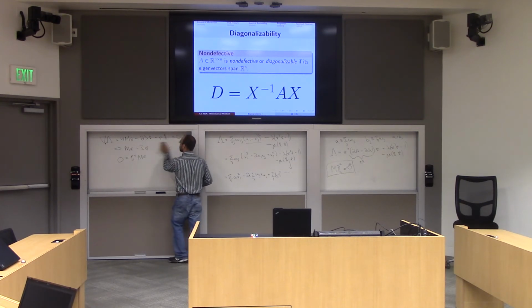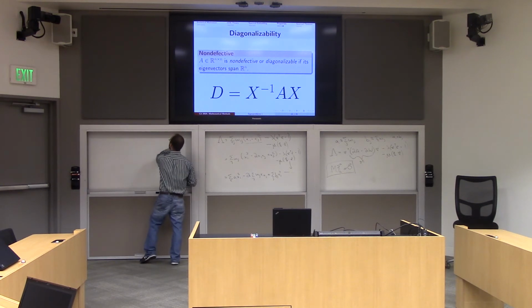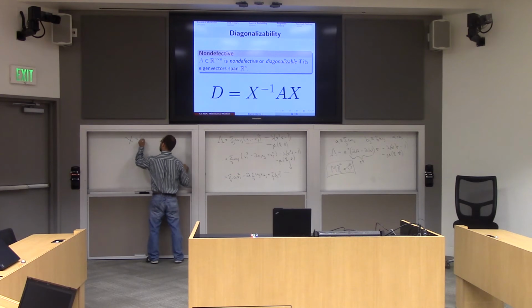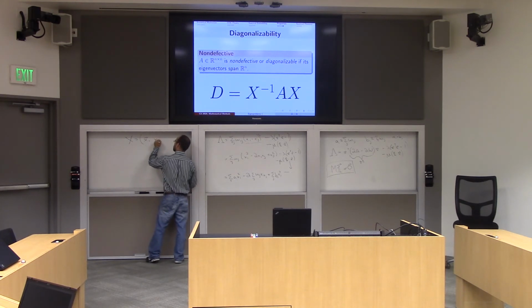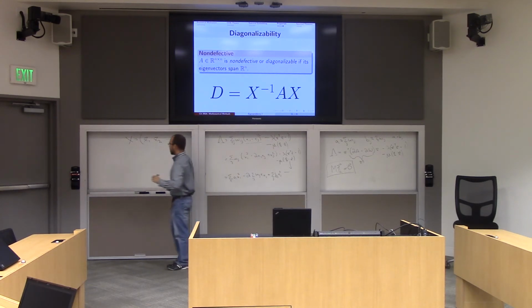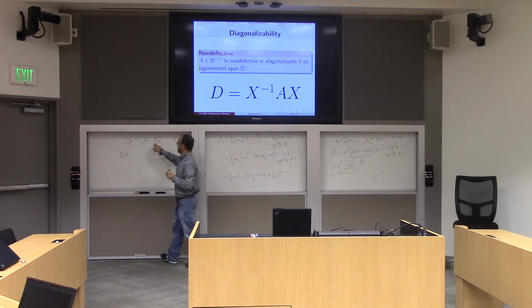Well, remember that an eigenvector satisfies Ax equals lambda x. So let's say that I do my usual trick, and I write a matrix X, which is just the first eigenvector, the second eigenvector, all the way to the nth eigenvector. And now, what is AX? Well, it's the same as applying A to each of these columns.